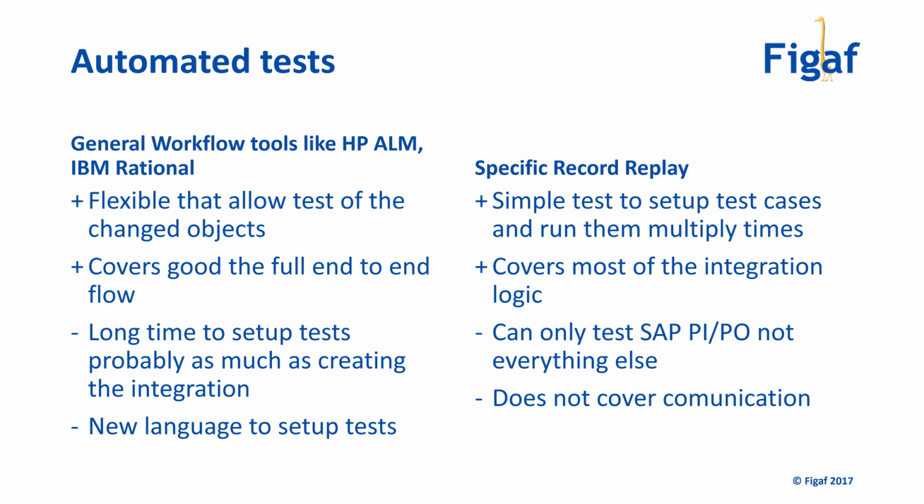That's also one of the challenges. It takes a lot of time to set up these test cases, creating them, and it's a completely new language you need to set up your integration in, because you need to specify all your inputs and your expected outputs and program all of these things together. So it's a completely new way of testing things that the developers need to account for.